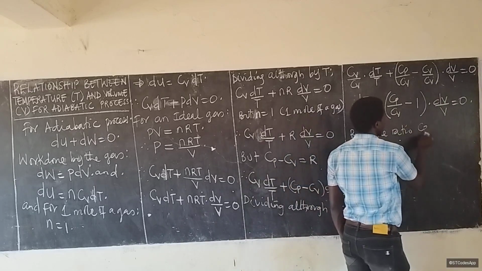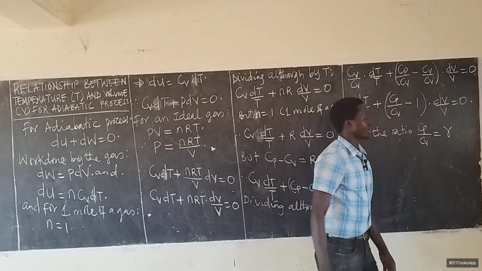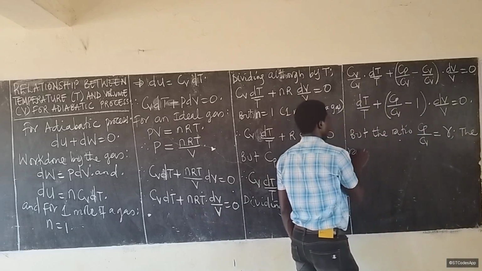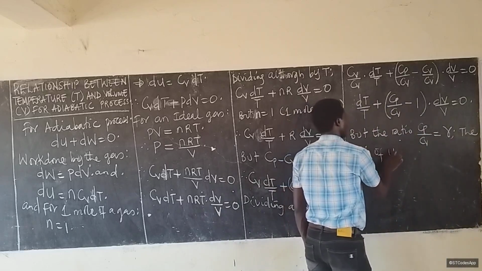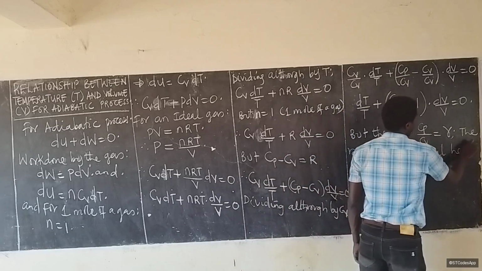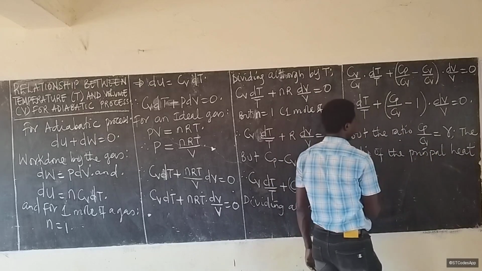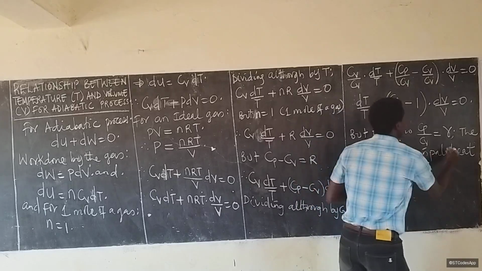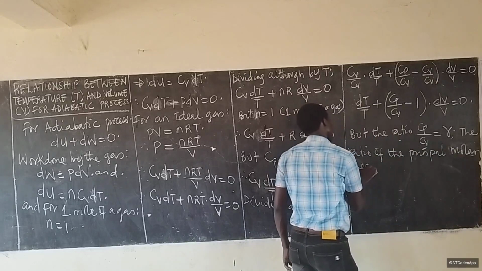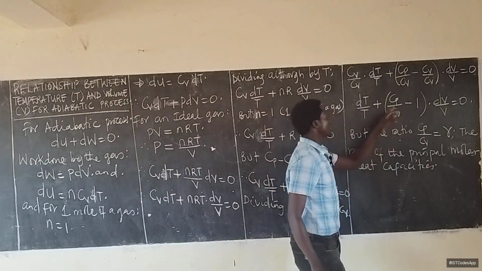But of course, the ratio Cp over Cv is equal to gamma, the ratio of the principal molar heat capacities, and it varies in value.